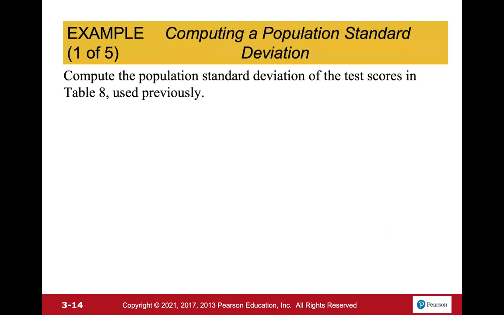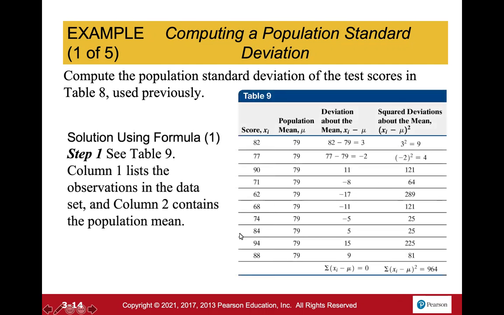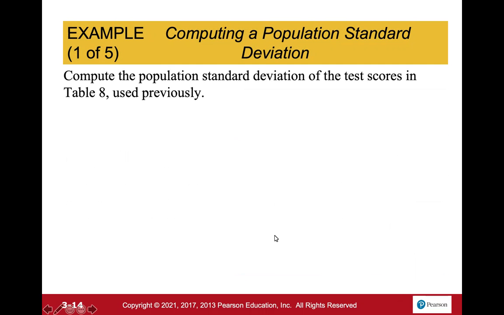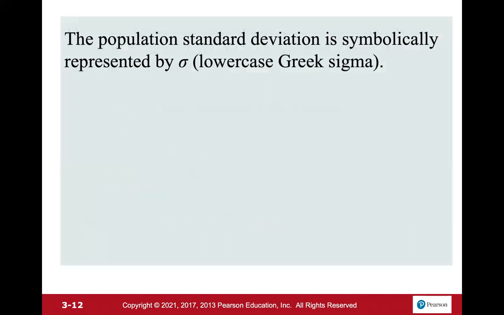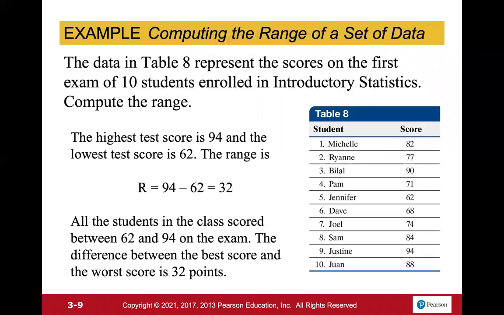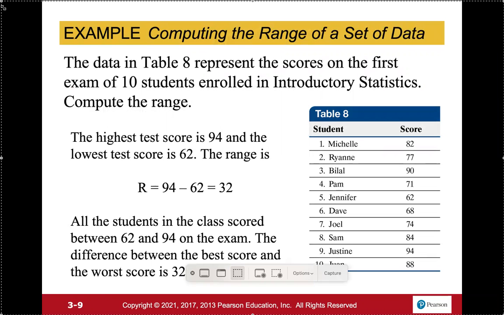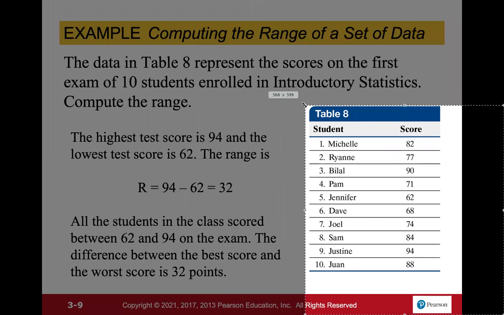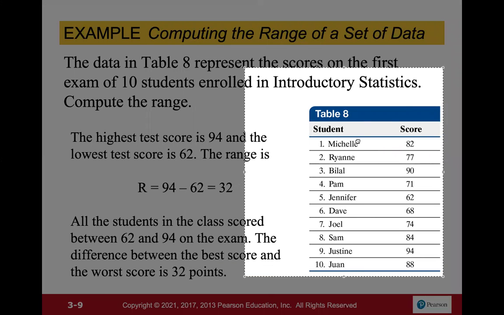All right, next, compute the population standard deviation of the test scores in table 8 used previously. So we have these data values. Let's go ahead and grab that data set so we can see how it's done in Excel. So again, Command 5, so that I can take a snapshot of the data set.